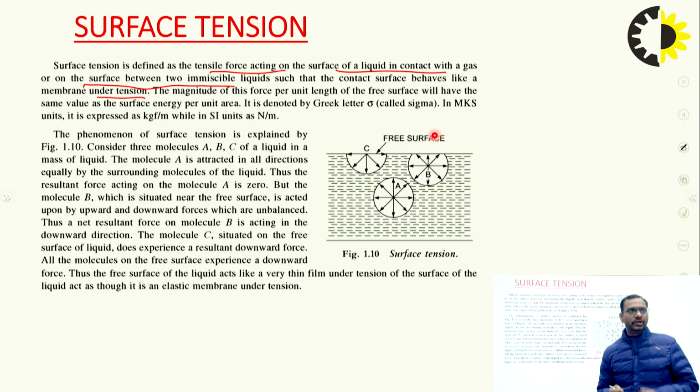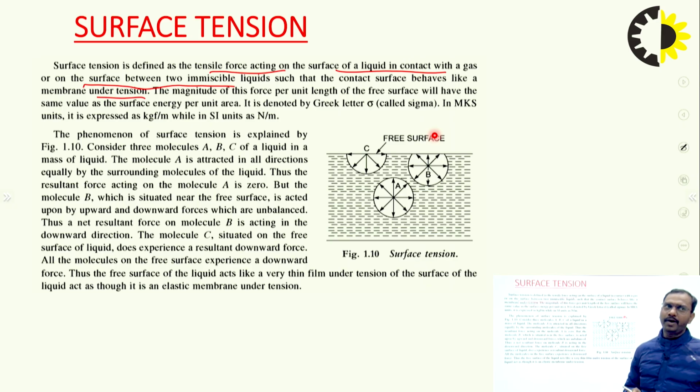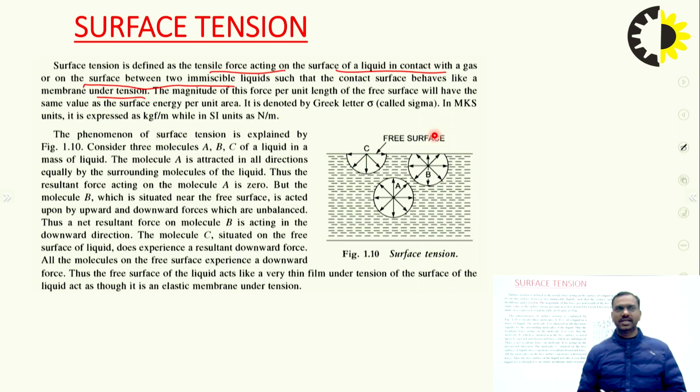And the magnitude of this force per unit length of the free surface will have the same value as the surface energy per unit area, and it is denoted by the Greek letter sigma.